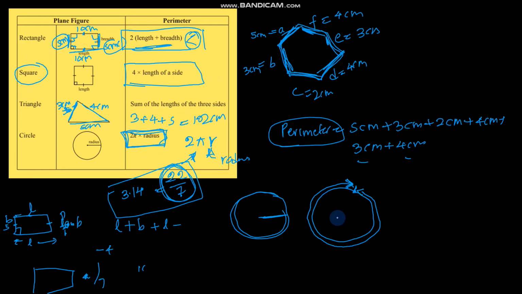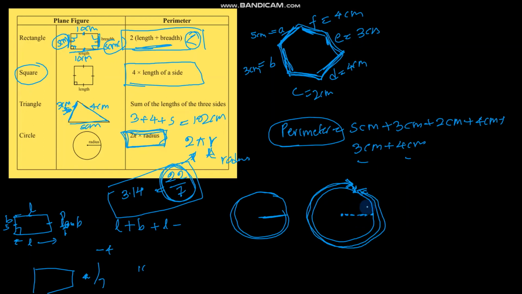So when it comes to circles, the perimeter is equivalent to the distance from this point all the way around to this particular point.